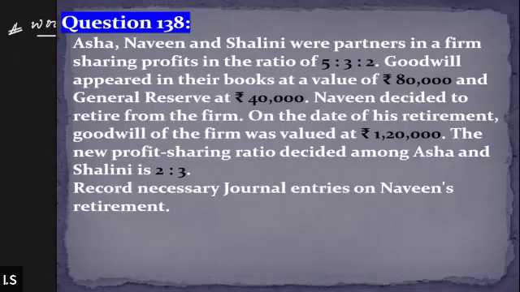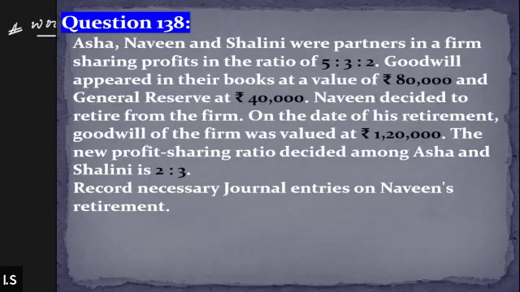All right, both of you. So we were talking about the retirement of the partners in the previous class, and until now in this topic, we have understood the calculation of gaining and sacrificing shares whenever a partner retires from the partnership.